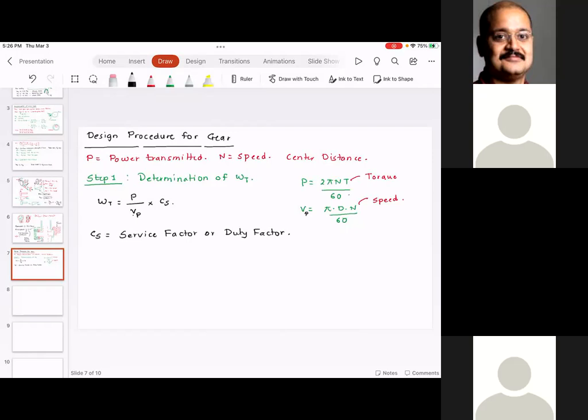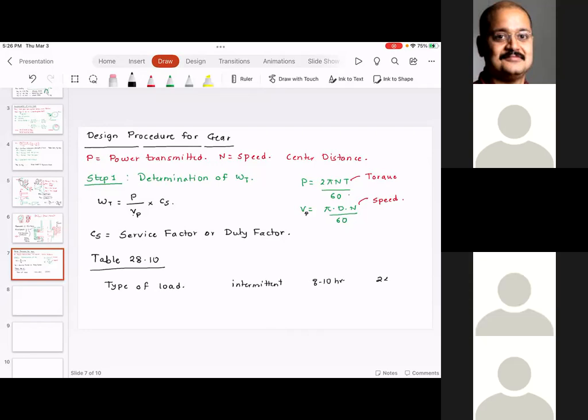So just to give you an idea, look at Table 28.10, that gives you the type of load, intermittent, 8 to 10 hours, and continuous, which is 24 hours.